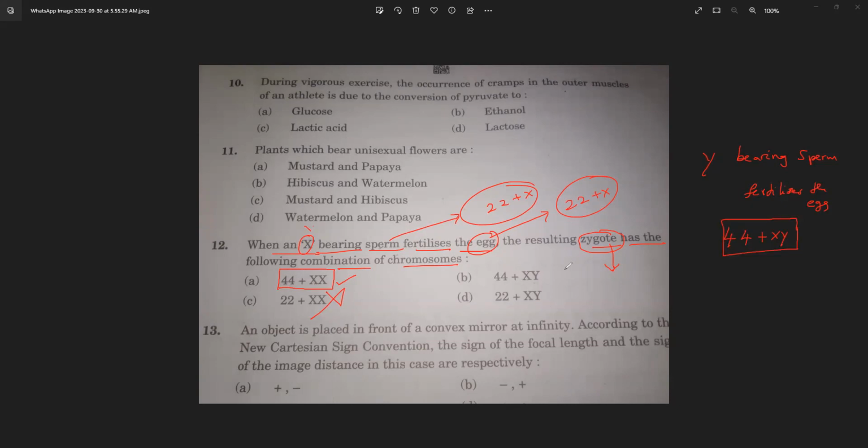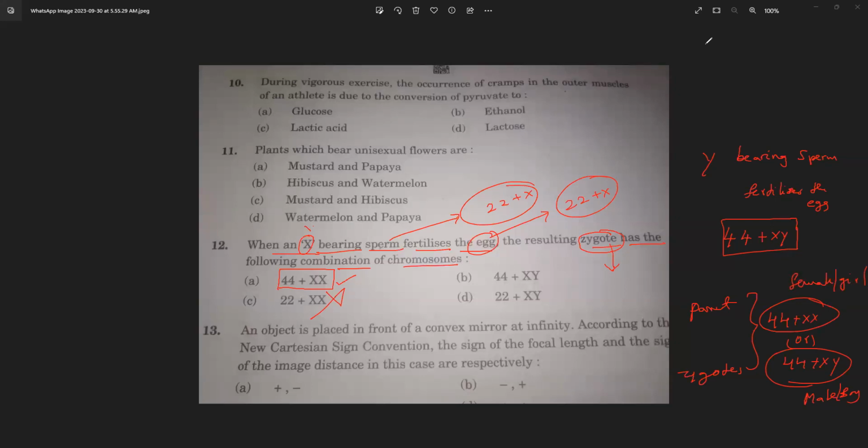So, parents and offspring, remember in mind, parent and zygote have the same number of chromosomes: 44 plus XX or 44 plus XY. 44 plus XY, male or boy. 44 plus XX, female or girl.